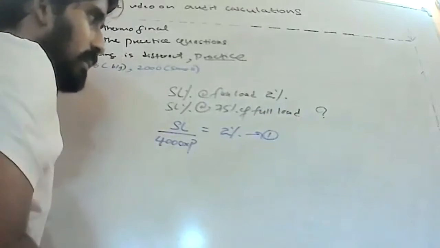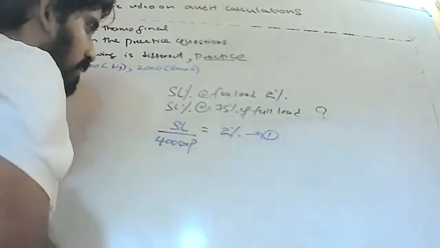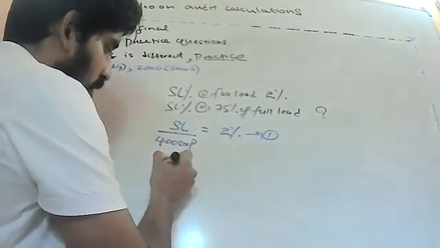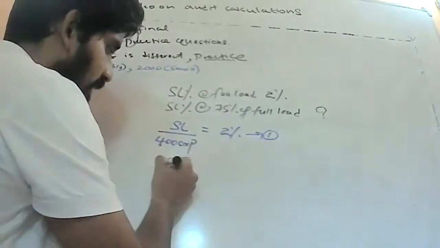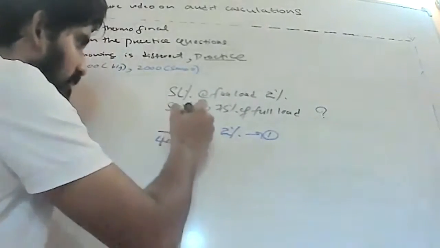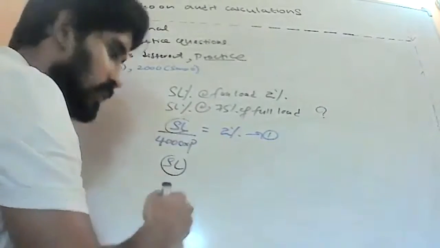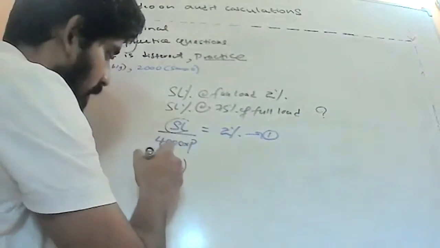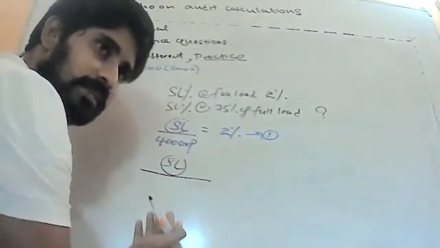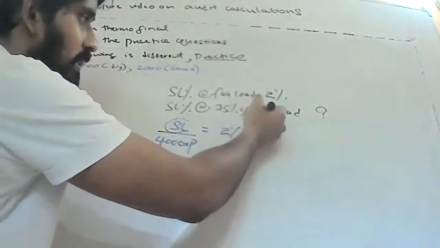And let's take another equation. Now what is the surface loss? Let's say that SL, because this numerator is the same. That is divided by, so now what is the new heat input when it is 75% of full load?